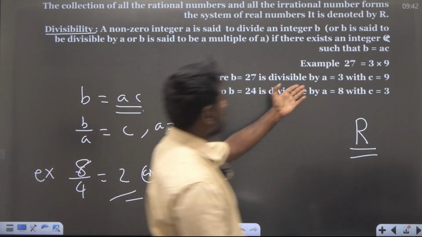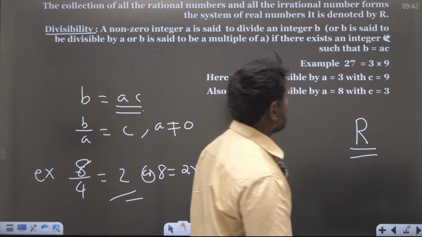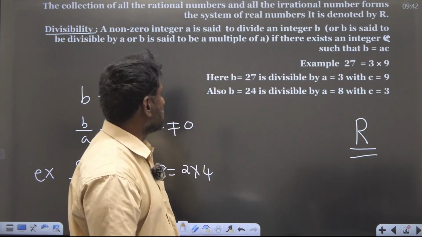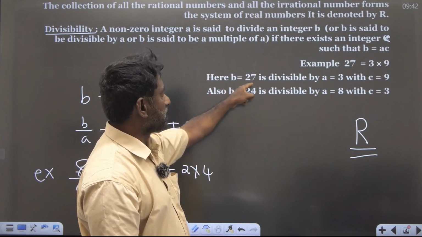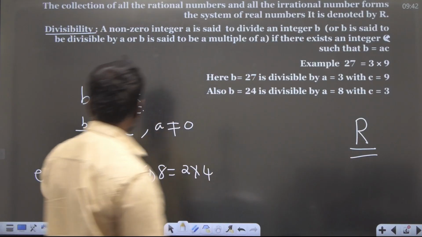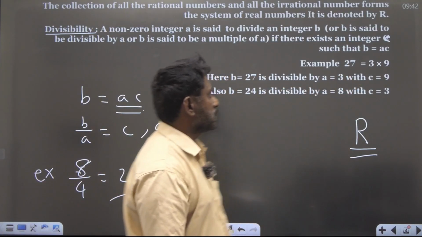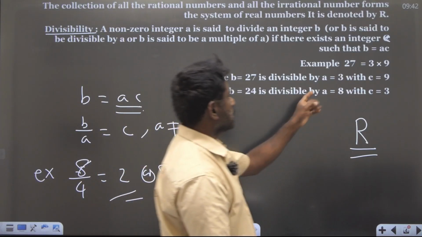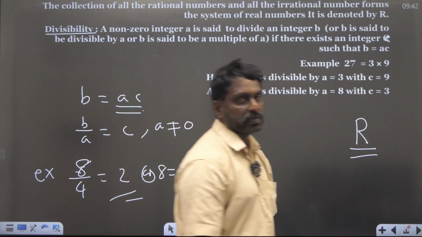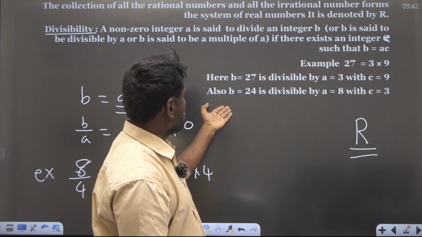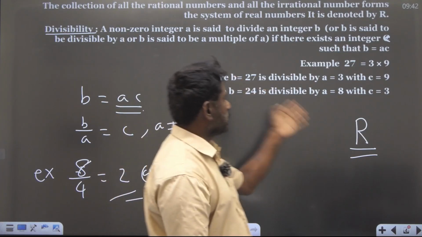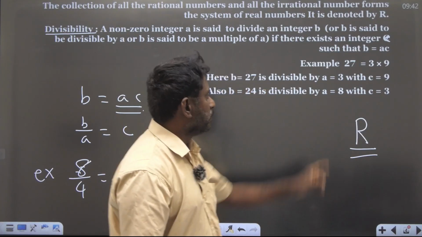Another example: 27 is equal to 3 into 9, right? Here b equal to 27, a equal to 3, and c is equal to 9. That is, 27 is a multiple of 3. Another example: b equal to 24 is divisible by a equal to 8 with c equal to 3.